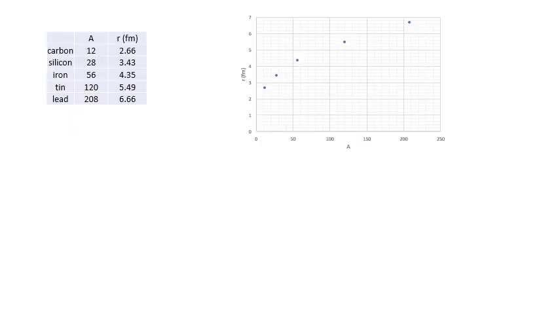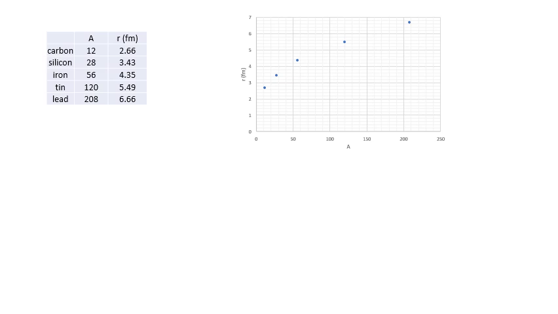And here are some values. So we have some isotopes of different elements, and we have the radius from these electron scattering experiments. What we find is that if we plot radius against nucleon number, mass number, then we get a curve, which is interesting.